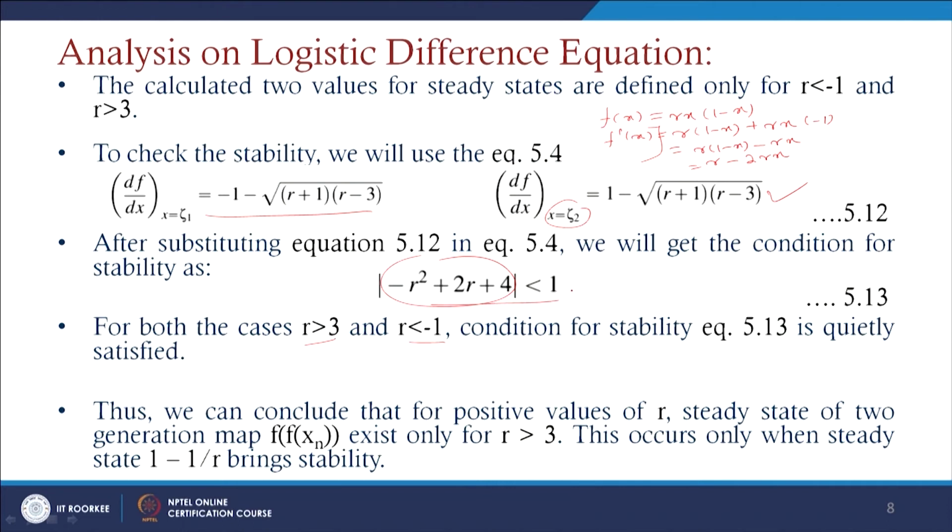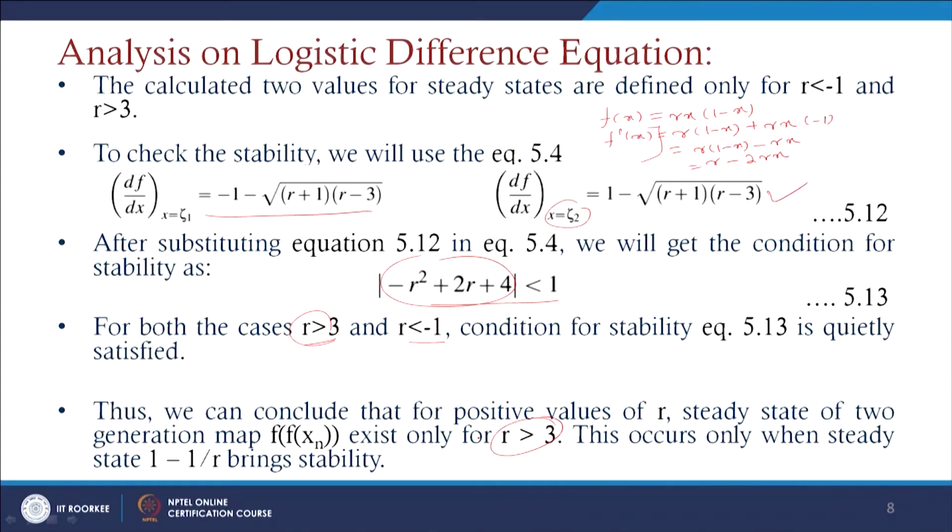And this condition of stability for this equation is satisfied if we assume here r greater than 3 and r less than minus 1. And from this we can conclude that for positive values of r, since we are considering only the positive values, the steady state of the 2 generation map, that is g of x, written as f of f of x here, exists only for r greater than 3 here.